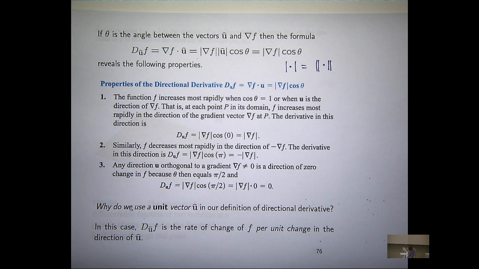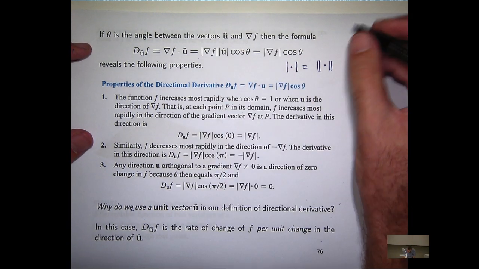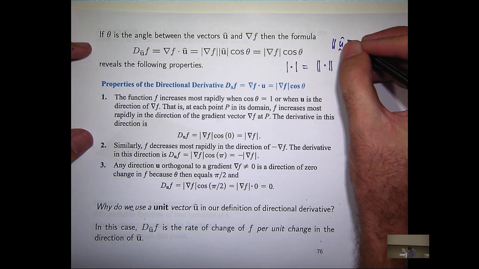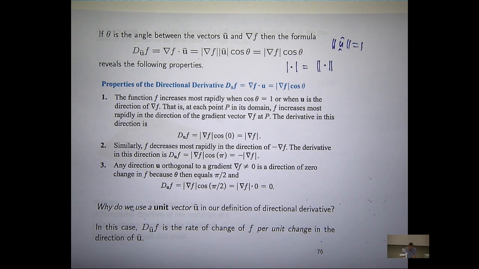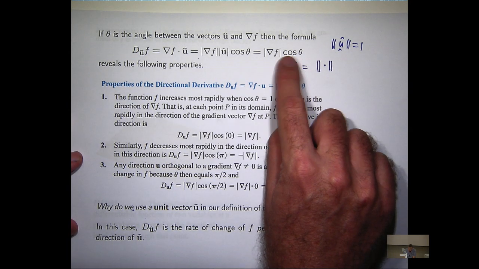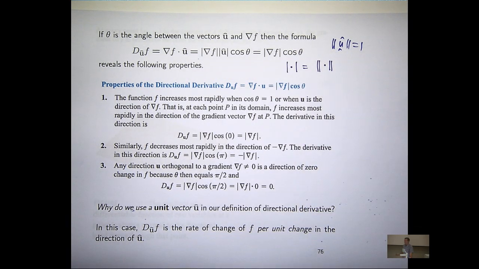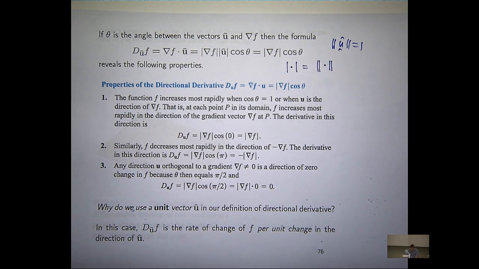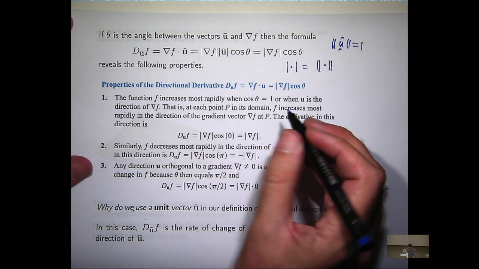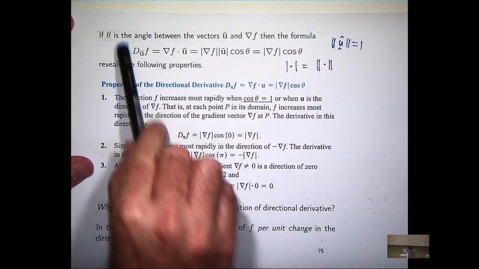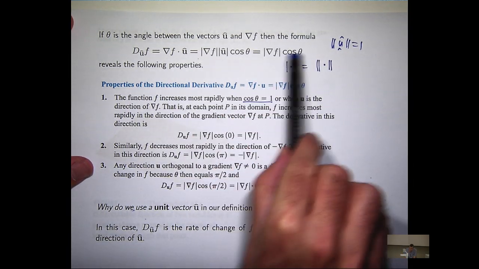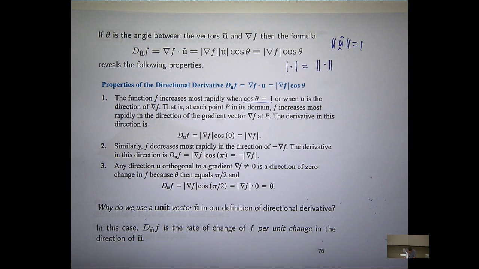All right. Well, let's look at it. We know that because this is a unit vector, it's got length 1. We also know that cosine theta varies between -1 and 1. Now, the directional derivative is going to be a maximum when cosine theta equals 1. So let's think, when does cosine theta equal 1? For what value of theta? 0.